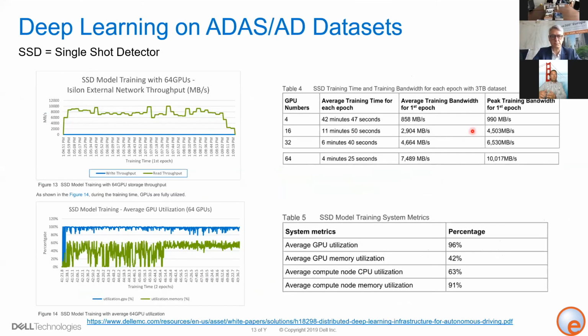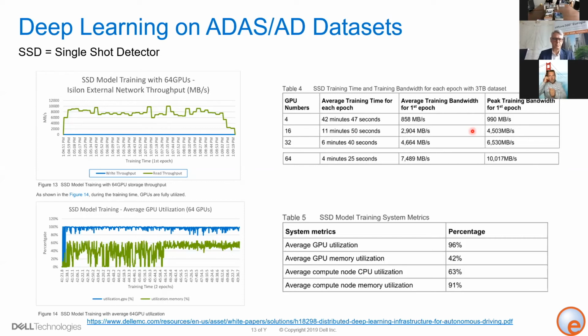And we've evaluated a prominently used data set on our infrastructure. It is called the Cityscapes data set. And we've measured how much time we need to compute a deep learning network, in this example, a so-called single shot detector that is focused on object detection, by using 64 different GPUs.